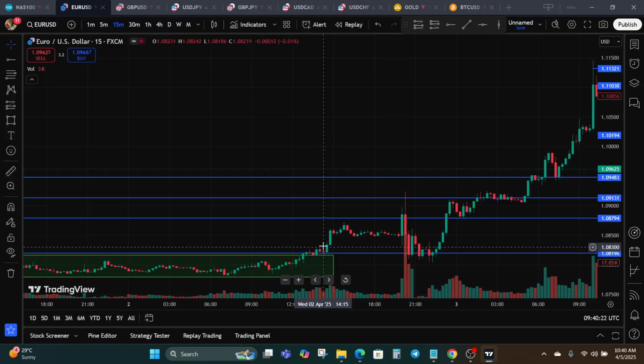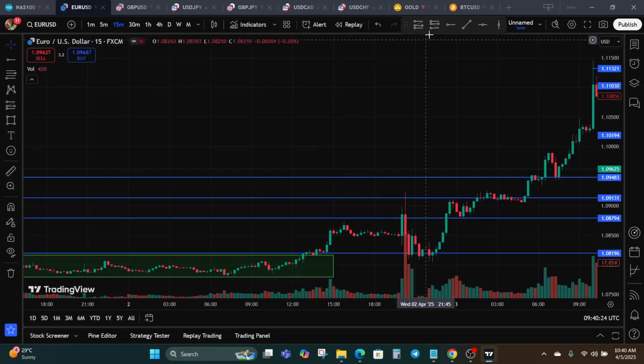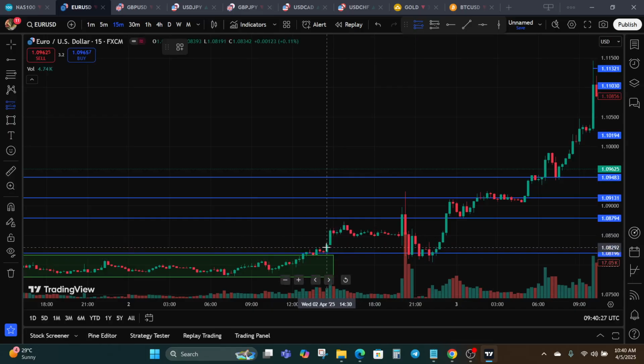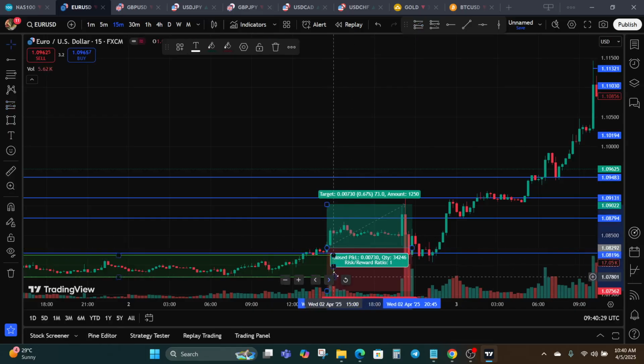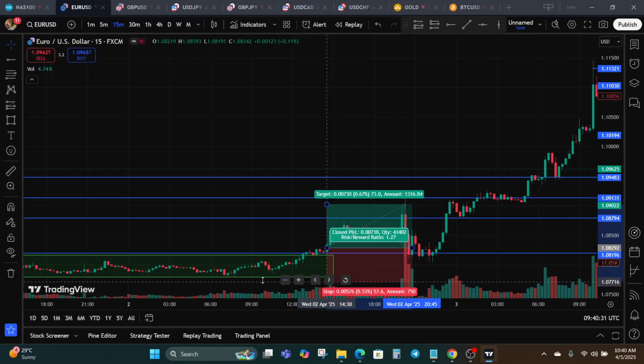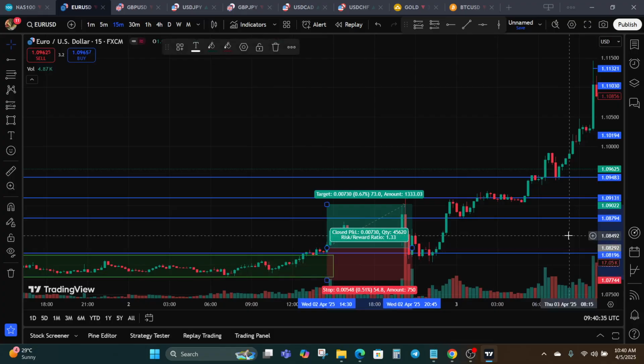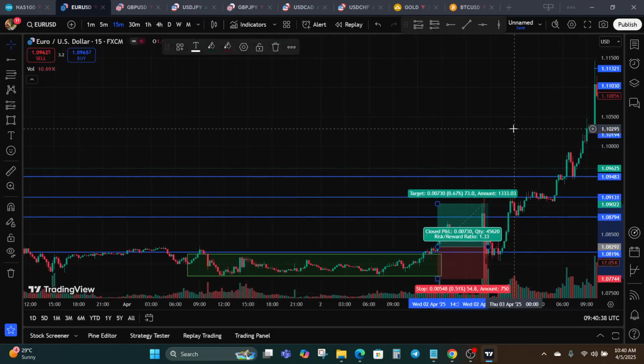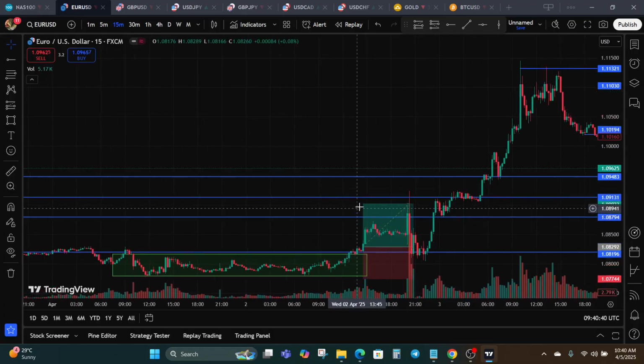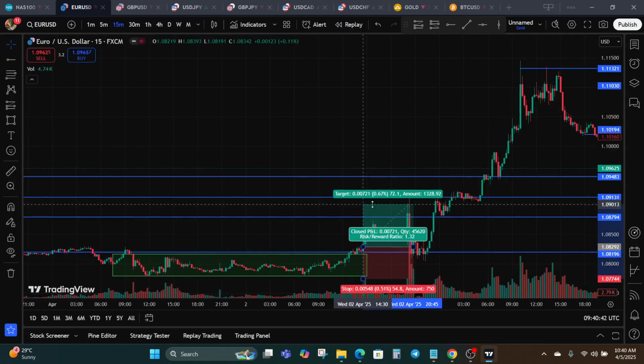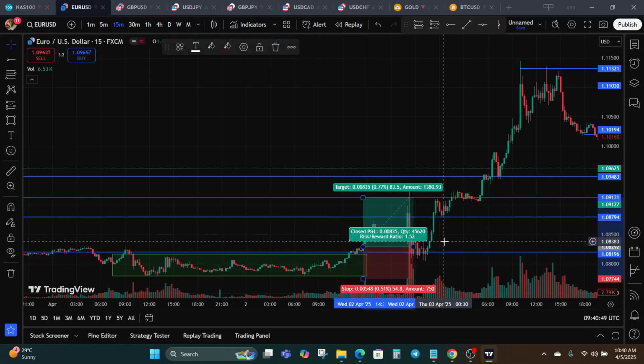Then you place your stop loss just below the consolidation range if buying, or above the consolidation range if selling. For your target, you can use the next key level, or you go for a risk to reward of at least 1:1.5.